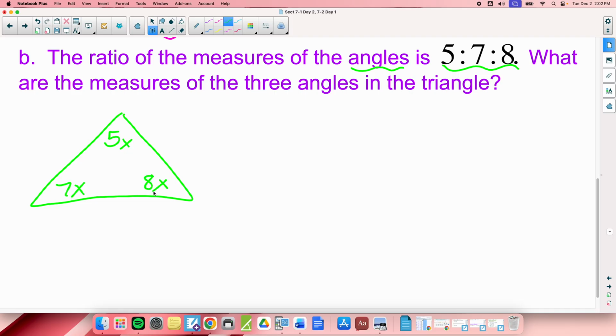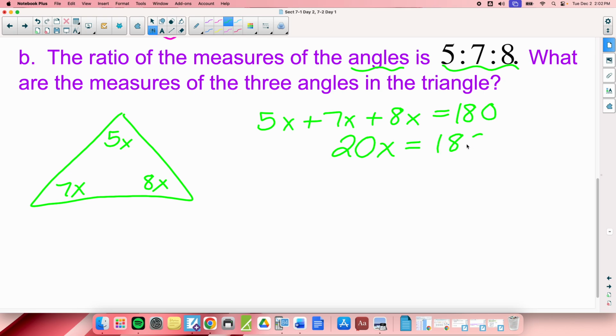Now when we add those together, 5x plus 7x plus 8x equals 180, okay? Now, 5 plus 7 is 12, plus 8 is 20, so this is 20x equals 180, and then we divide by 20, and x is 9.